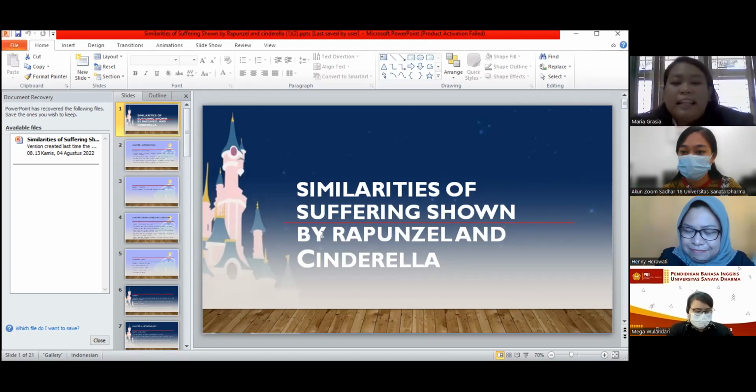Because both Cinderella and Rapunzel have similarities, such as the harsh life conditions, suffering from the other bad characters in the story: Cinderella's stepmother and stepsister, and Rapunzel's evil woman. Besides that, the study is also supported by Grimm's fairy tales that have a relation to the archetype.